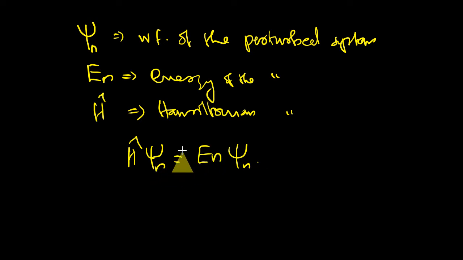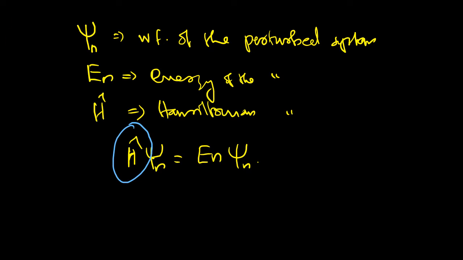And now we have to closely look into the Hamiltonian of the perturbed system, h cap. We can see that this Hamiltonian can be constructed from the Hamiltonian of the corresponding unperturbed system.